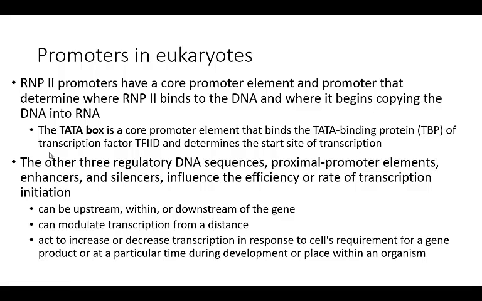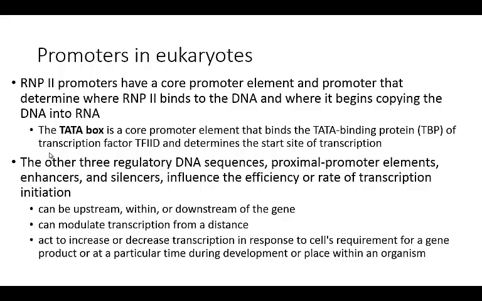Several other regulatory DNA sequences, which you could call proximal promoter elements, would be nearby to that promoter. Enhancers and silencers can either be nearby or further away. They can even be within a gene itself. All of these will influence the efficiency or rate of transcription initiation.